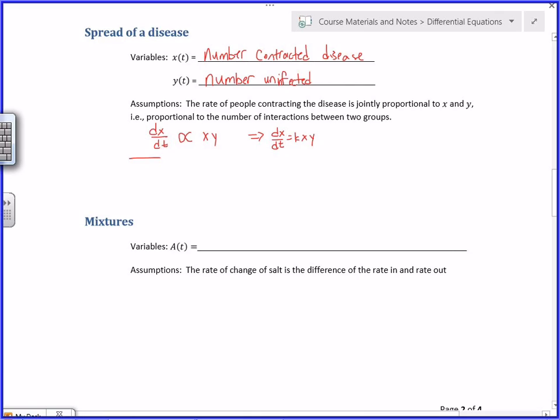And so this was the model right here, dx/dt is equal to kxy. And that just comes from the concept of jointly proportional can be modeled as a product, or proportional to the product of xy. Now what's a little bit of a downside to this right now, you can see a flaw in this, is that I've got actually how many dependent variables in that model?